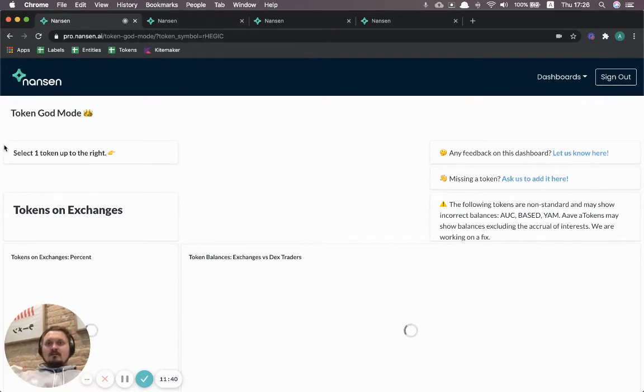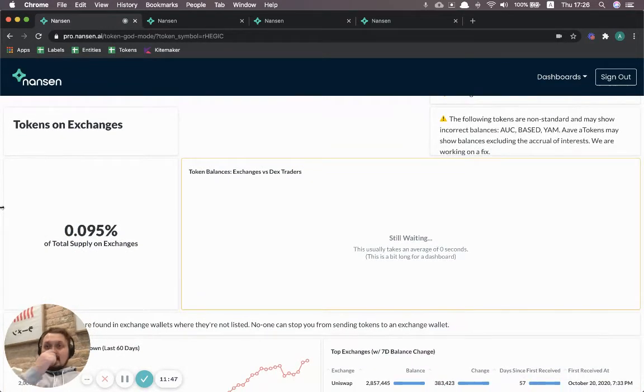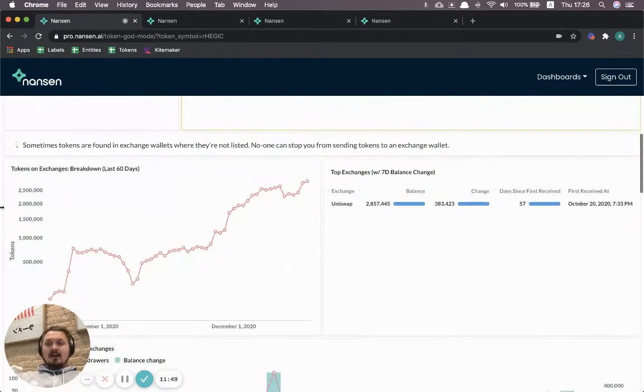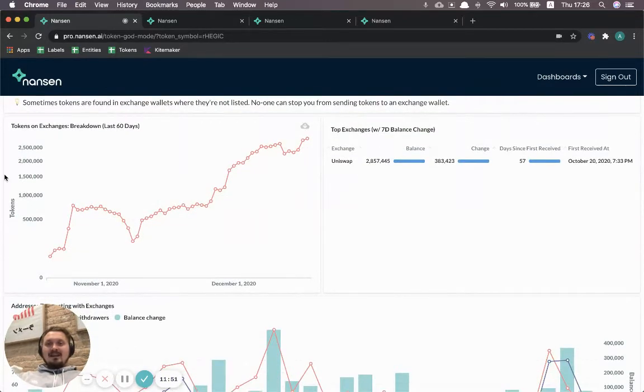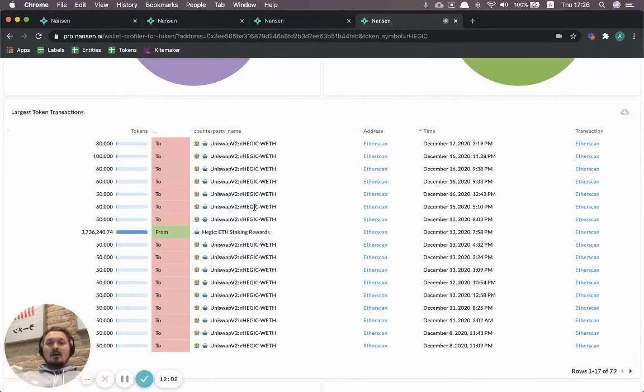And so now the tokens on exchanges is actually a bit relevant because rHEGIC is traded on exchanges. In fact, the main thing you can see here is that there's been a big influx of rHEGIC tokens to Uniswap. So this matches what we saw of this whale selling their rHEGIC tokens.